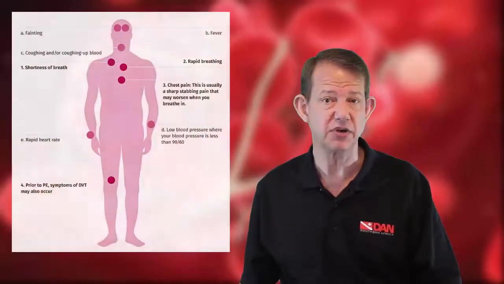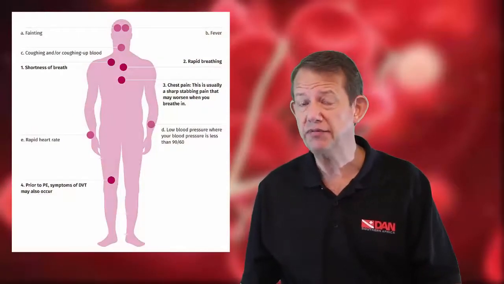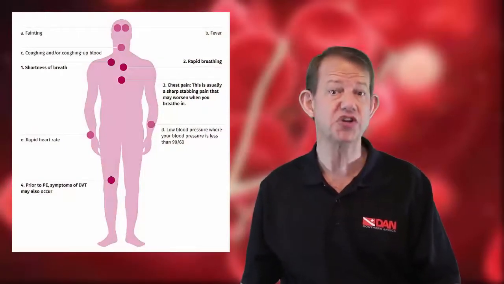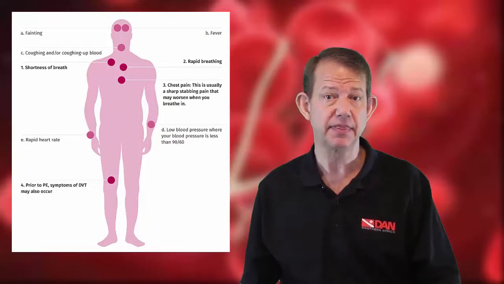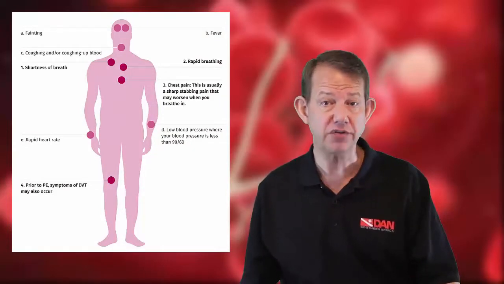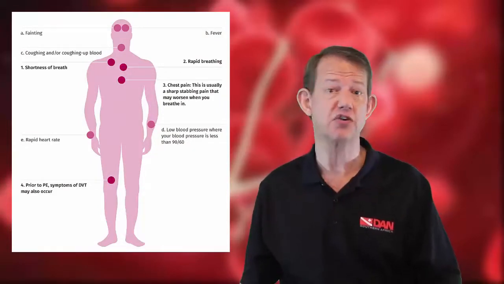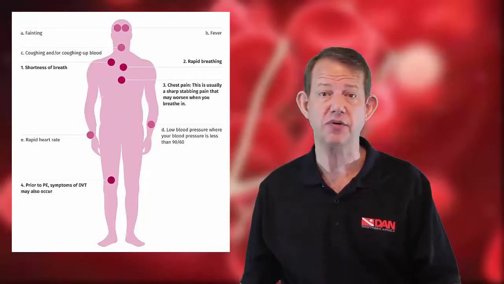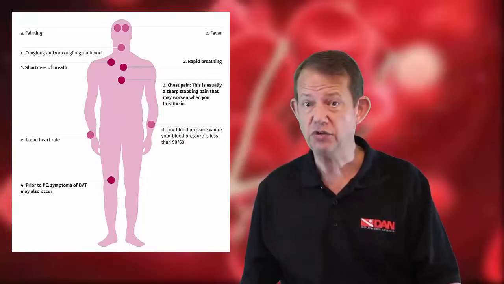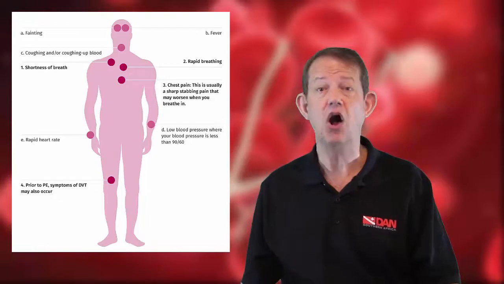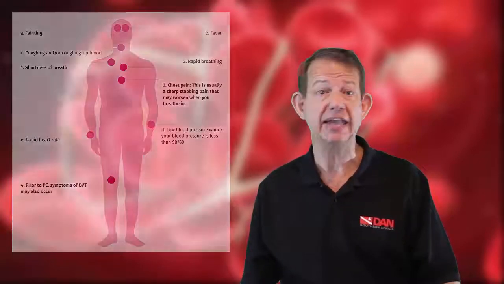Symptoms of pulmonary embolism may include chest pain or breathlessness, also known as dyspnea, pain or swelling in the calf related to the deep venous thrombosis where the clot came from, hypotension or low blood pressure, altered consciousness, and even fainting.